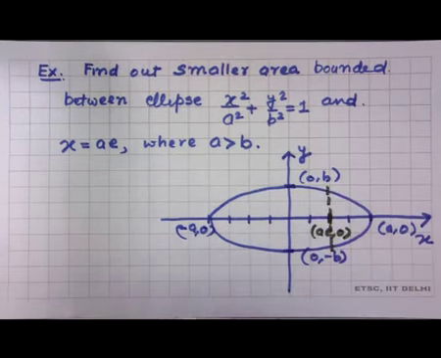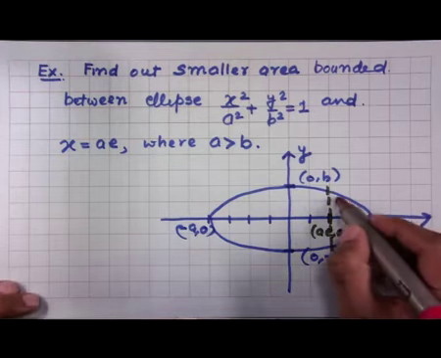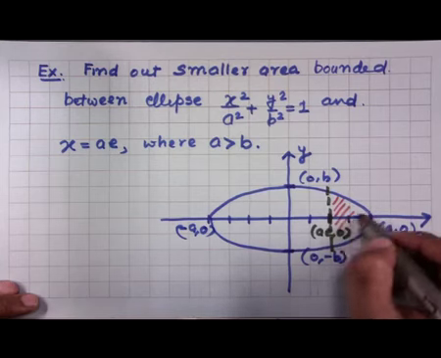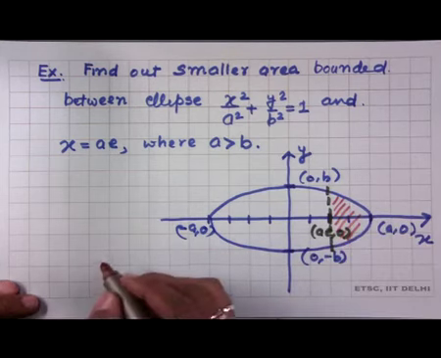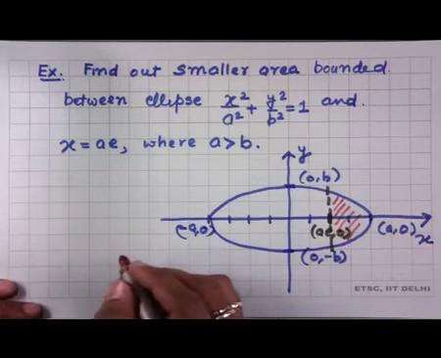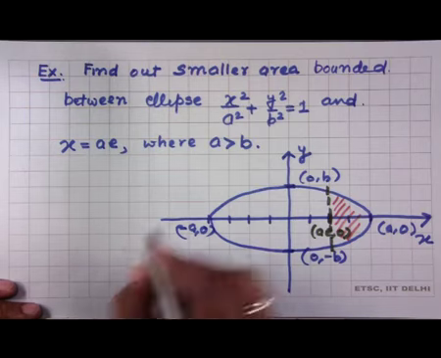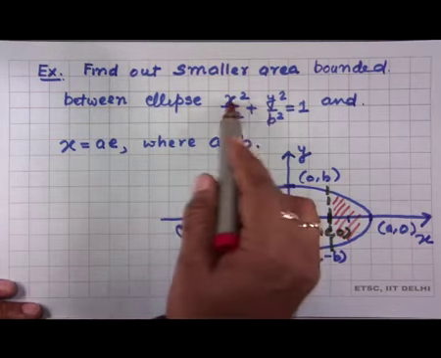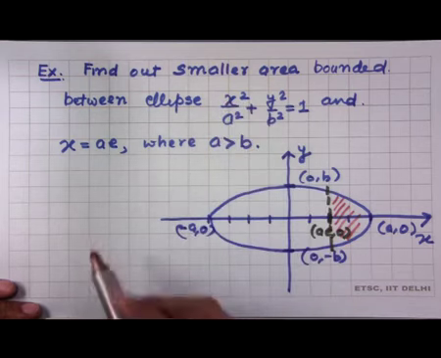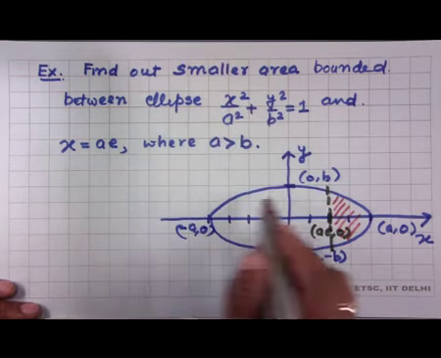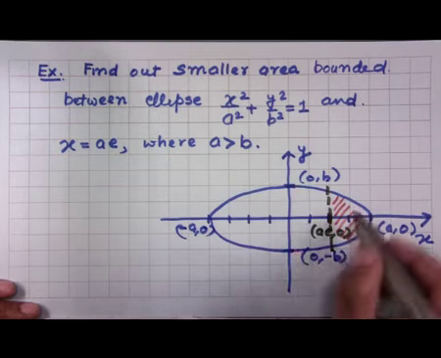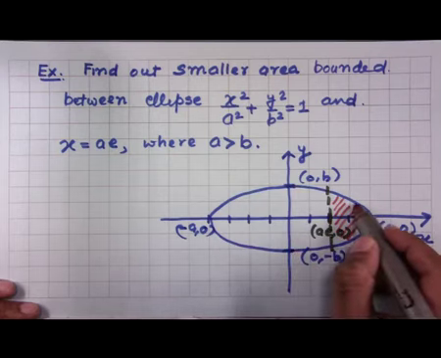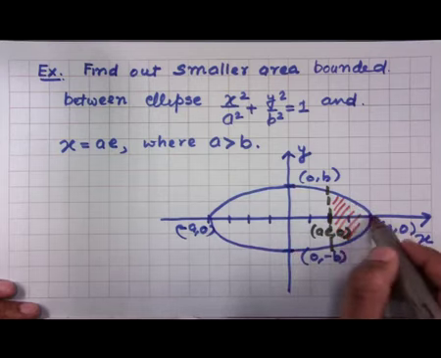Since we are looking for the smaller area bounded between the ellipse and this line, the required area is this. Again, you know that the ellipse is symmetric both about x and y axis because powers are even. So, this area is symmetrical about the x axis.